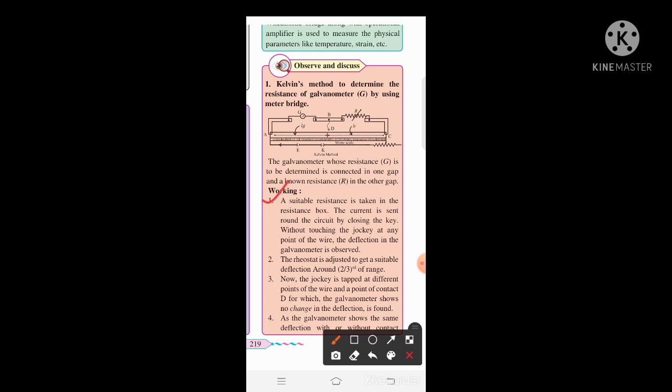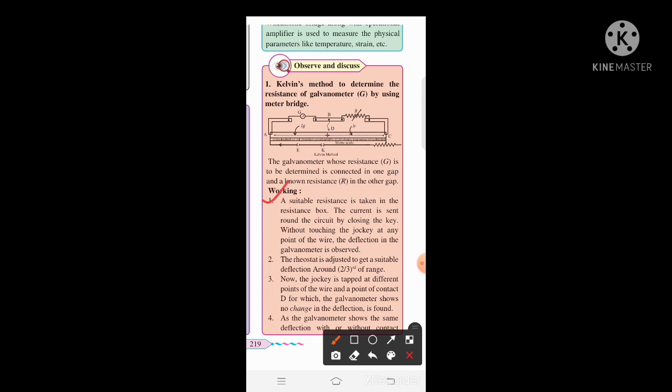After that, the rheostat is adjusted to get the deflection around the middle 1/3 of the range, that is around 2/3 of range. Now the jockey is placed at different points of wire AC.